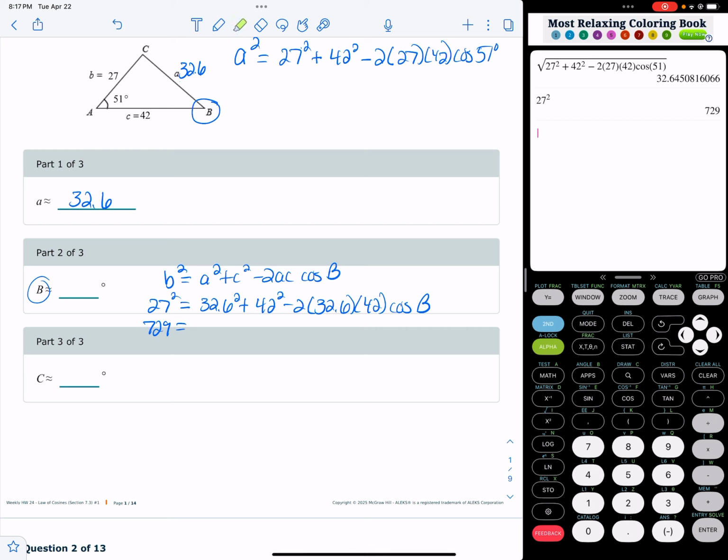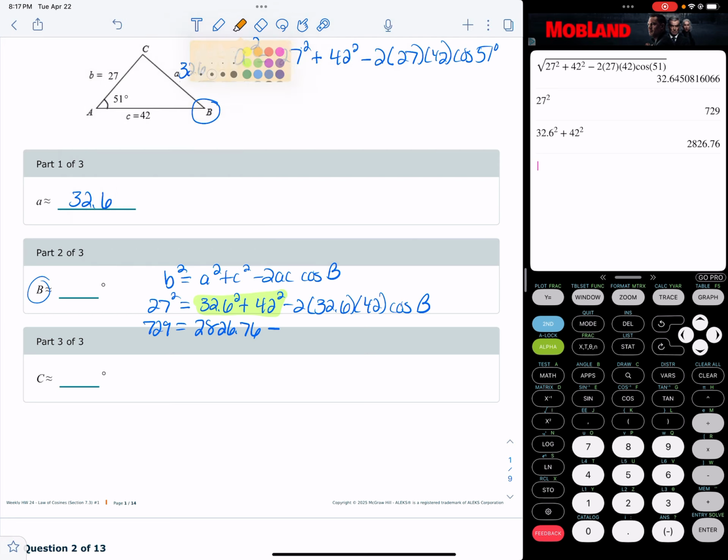And what we can put in is this piece right here. So 32.6 squared plus 42 squared gives us 2,826.76.